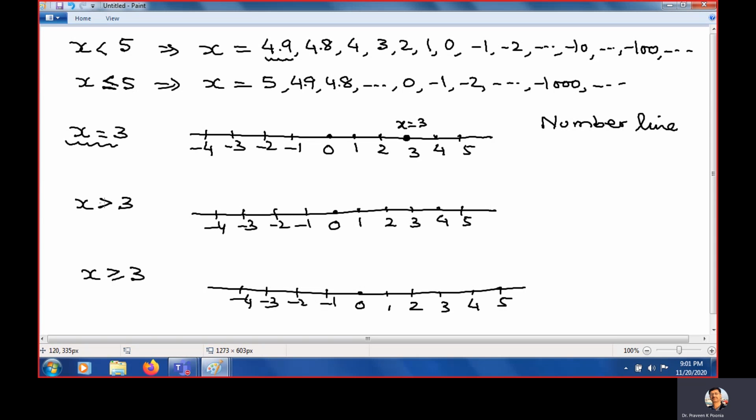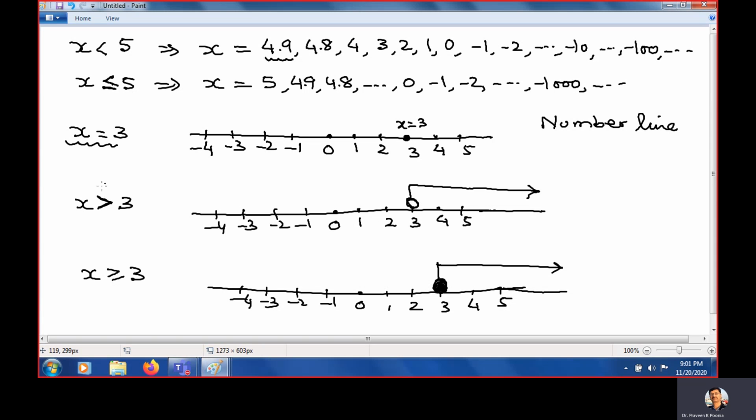Clear? If you see, it is greater than 3, sorry. So that means this side, all values greater than this. Means all values this side. Clear? If here it is greater than 3, we will make a circle only, an open circle. It is blank. But if I want to make the graph for greater than or equal to 3, it will be black.